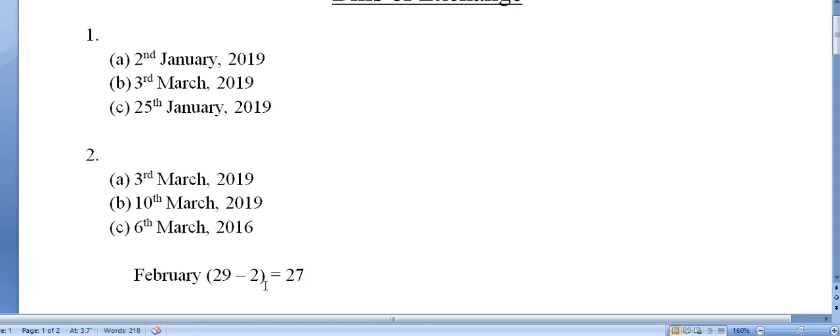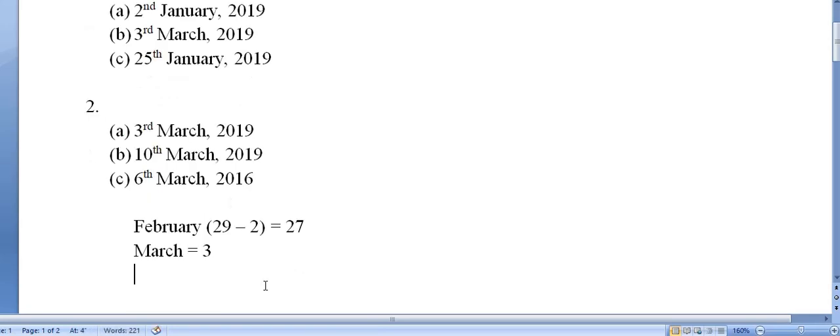Then in March you will have three days, so the total days will be 30. I hope you are understanding this part. Now it is March 3rd, but you need to add 3 days extra. So it will be 6th March 2016.